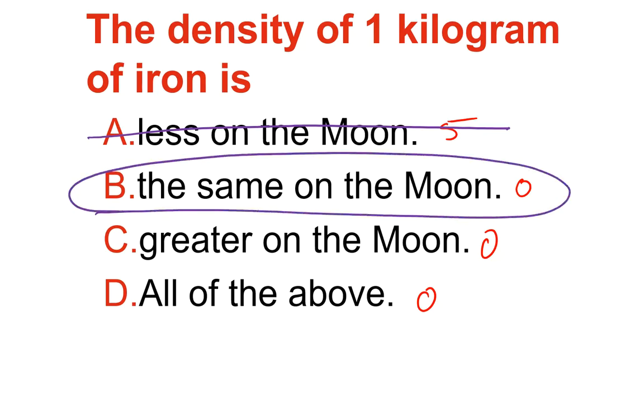The same, because density is the mass divided by the volume. Remember, mass is a measurement of how much material is present or how much inertia it has. It doesn't matter where you are, it has the same amount of material present. And then volume is how much volume it takes up. Once again, that's not going to matter where you are. So the density stays the same.